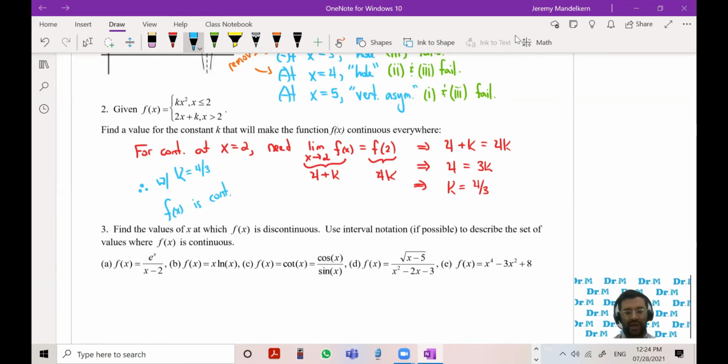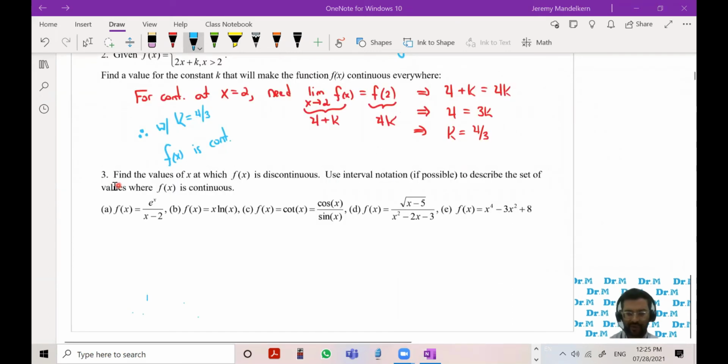Okay, in the next problem, we have the directions: find the values of x at which f of x is discontinuous. Use interval notation if possible to describe the set of values where f of x is continuous. So here we should first state where we are discontinuous.